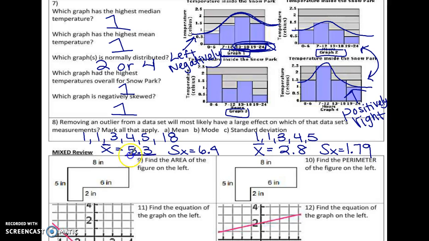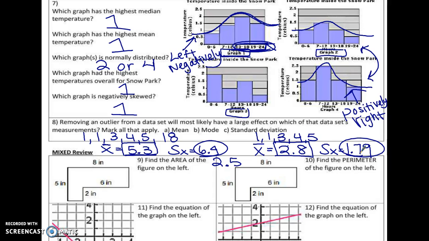And we're comparing which one has a larger effect. Well, the mean does have an effect on the mean. And if you were to subtract those out and compare it, the mean effect would be about 2.5. And the standard deviation, because again, standard deviation is how much the numbers deviate from the mean, how much they differ from the mean.